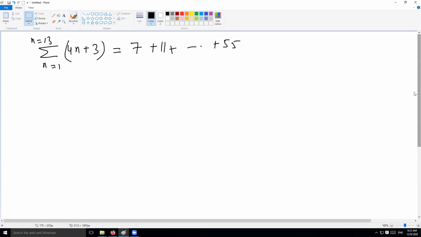So in fact, you can write any sum in this manner.